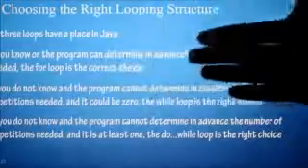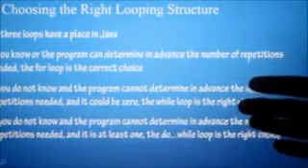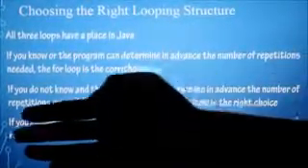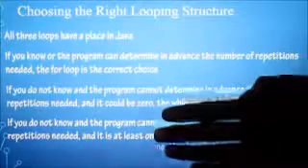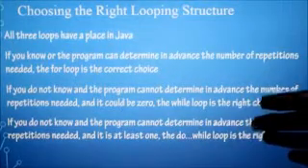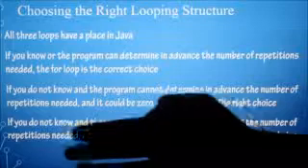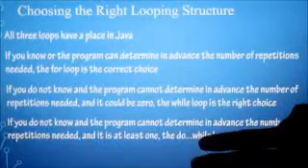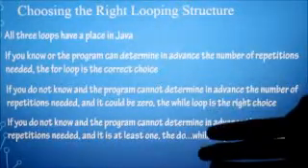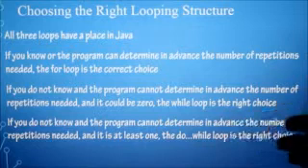Choosing the right looping structure. All three loops have a place in Java. If you know, or the program can determine in advance, the number of repetitions needed, the for loop is the correct choice. If you do not know and the program cannot determine in advance the number of repetitions needed, and it could be 0, the while loop is the right choice.